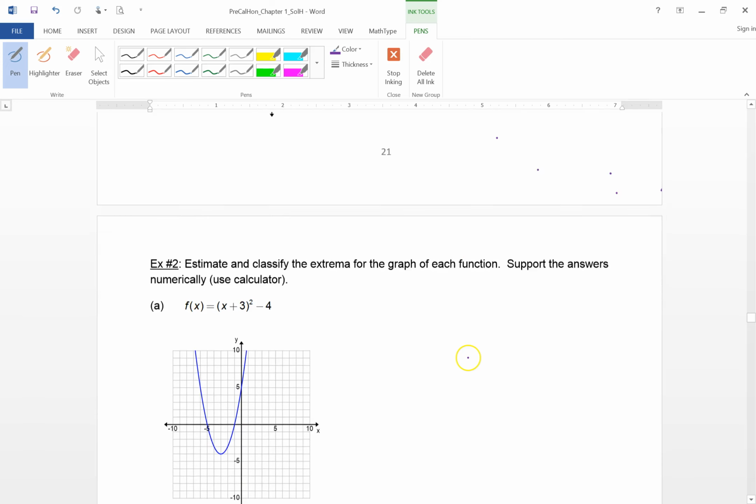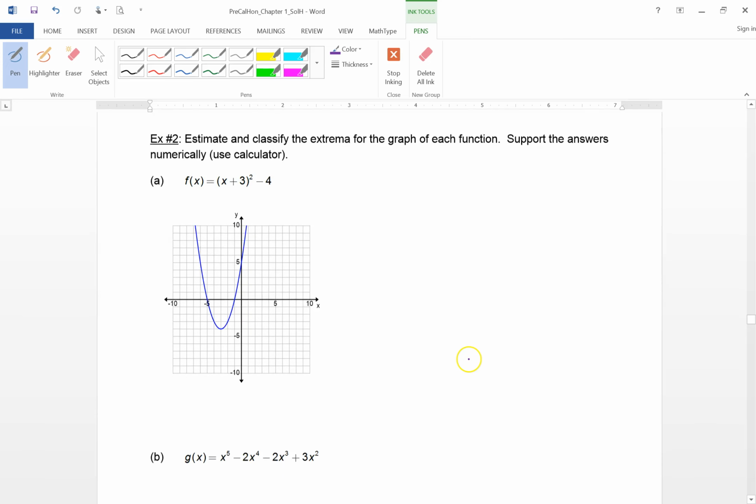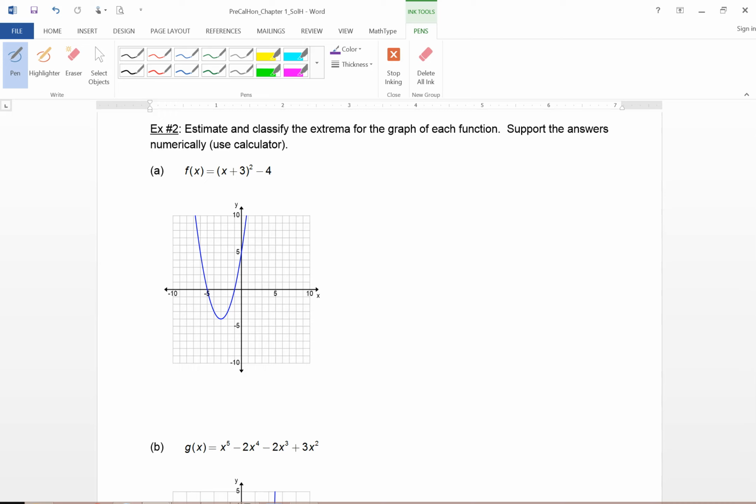Okay, so let's do some more and you'll see the difference. So here there is an absolute min. f of what? It's this point, right? So f of -1, 2, 3 equals -4.